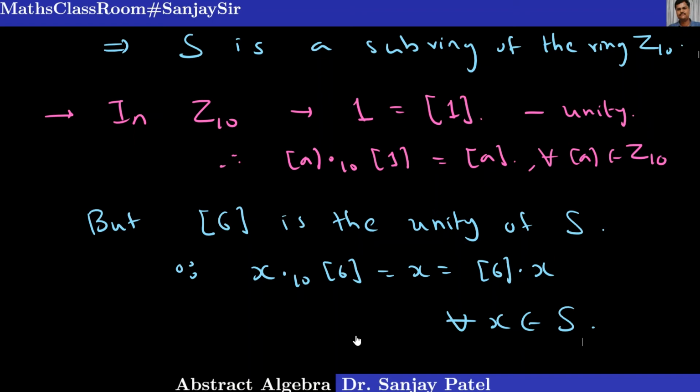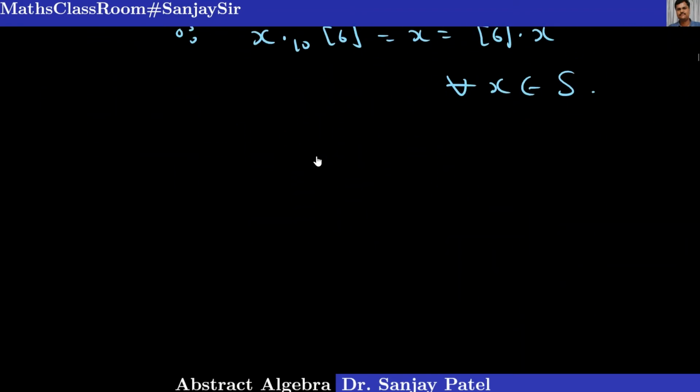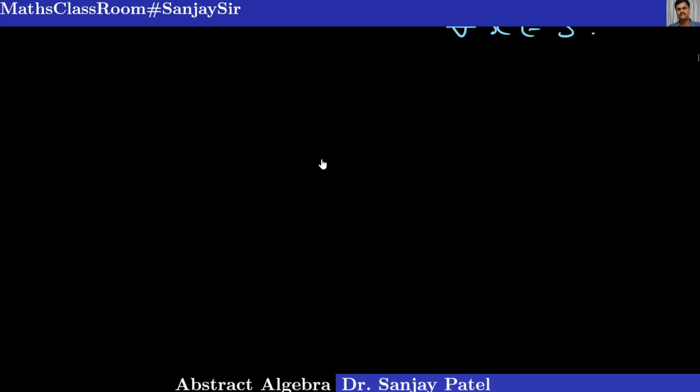Now let us go to the next interesting thing. If you have many subrings, what can you say about the union or intersection of these subrings? In this regard, we have a theorem, or a result, that if you take any two subrings, then their intersection is always a subring.